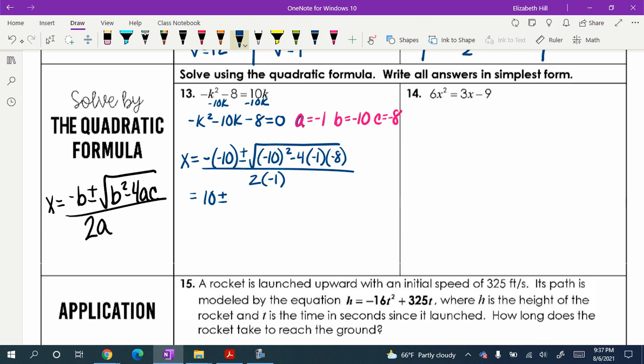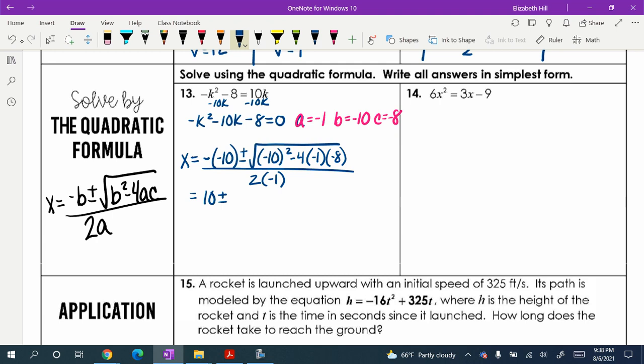Now, this next part, people make so many mistakes with the quadratic formula just because of calculating problems with their calculator. Now, negative 10 squared is 100. Subtract 4 times negative 1 times negative 8. It's going to give me 68.